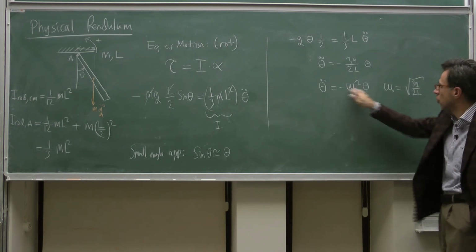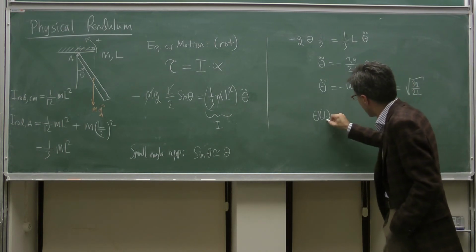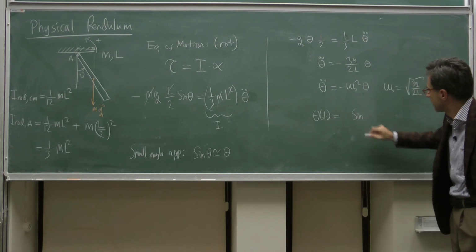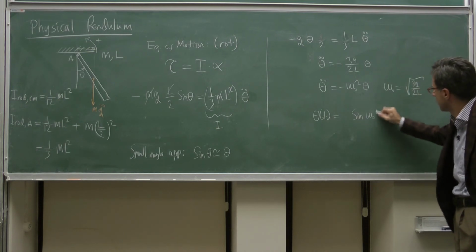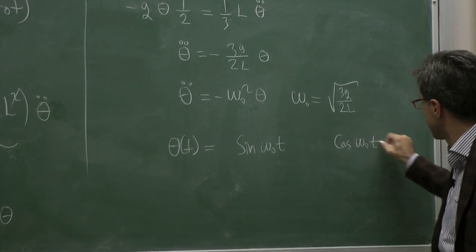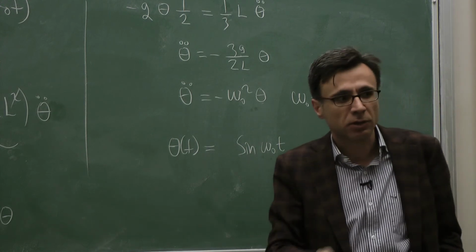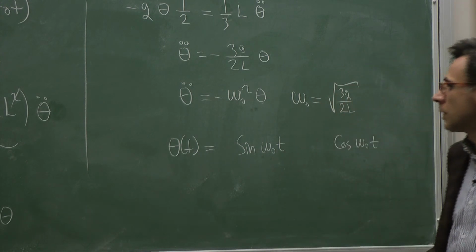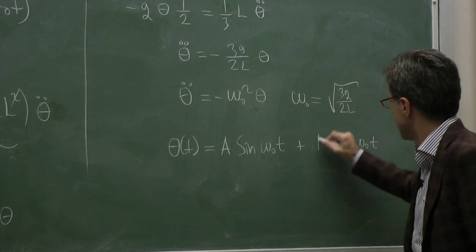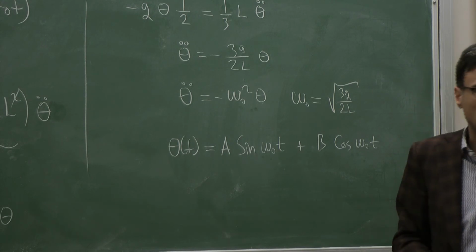And the solution for that differential equation, as a function of time, can be sine omega naught t, or cosine omega naught t. Both of them are solutions, and it's a linear equation, so the linear combination is also a solution, which is the general solution. A and B are found using the initial conditions.